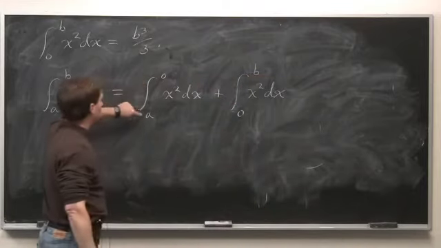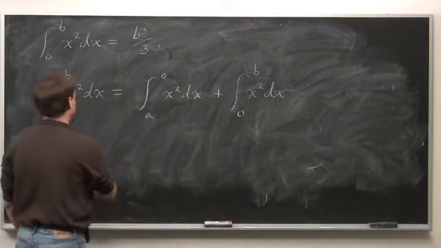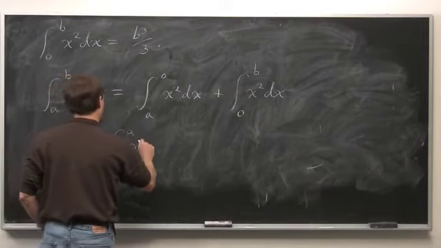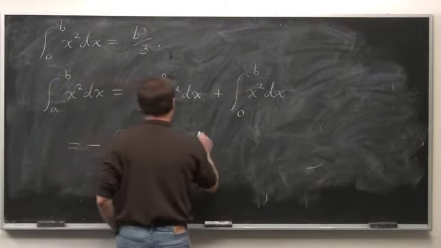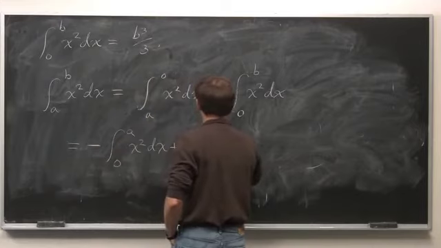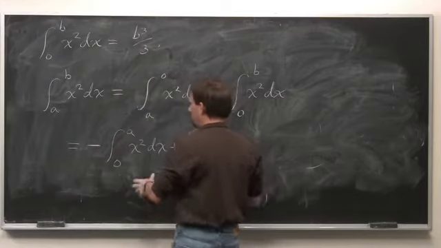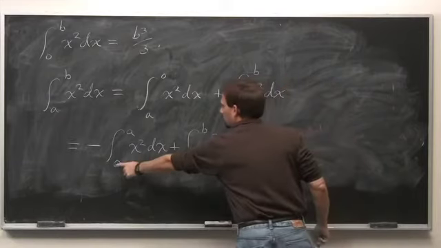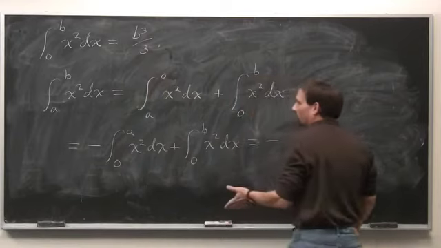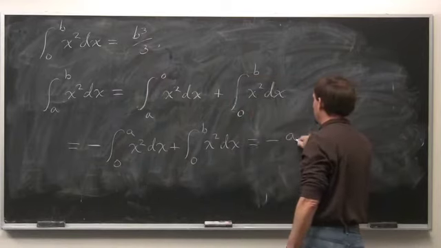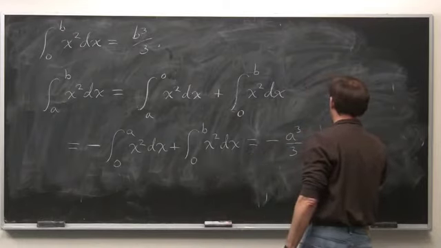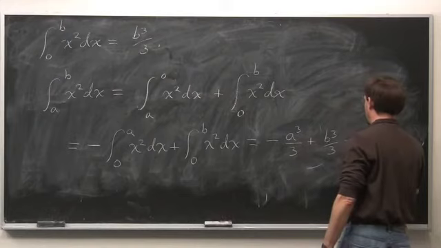The integral from a to 0 is negative the integral from 0 to a, so this is negative the integral from 0 to a of x squared dx plus the integral from 0 to b of x squared dx. Now we can just use the formula on both of these. The first is like the integral from 0 to b, except we've got an a, so we get negative a cubed over 3. And then this one is plus b cubed over 3. So we get 1/3 times (b cubed minus a cubed).